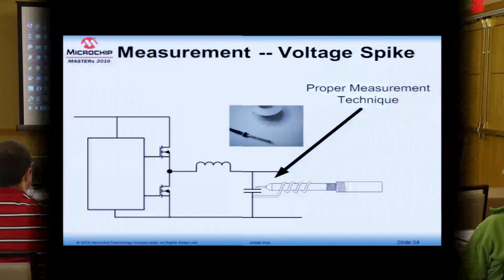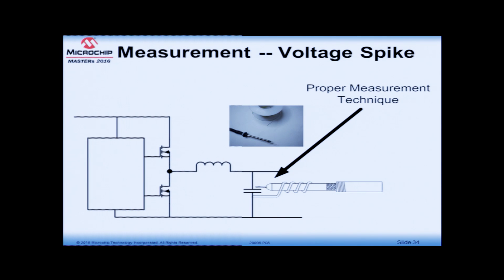So, measurement of the voltage spike. We generally try to measure with the oscilloscope probe, but if you keep the probe ground loop somewhere further from the output node, then the oscilloscope probe loop inductance can create spikes on the output voltage.